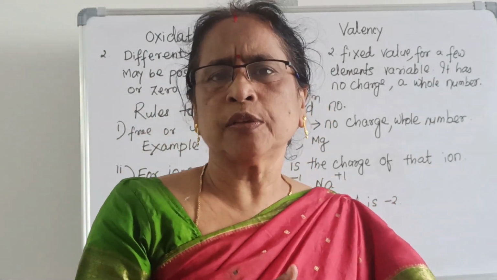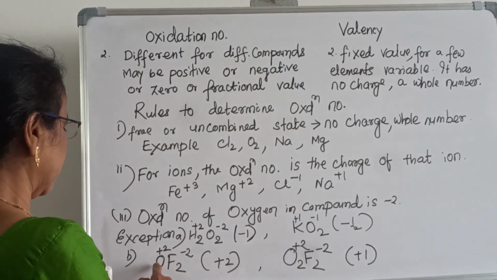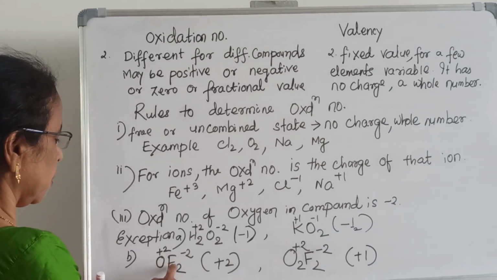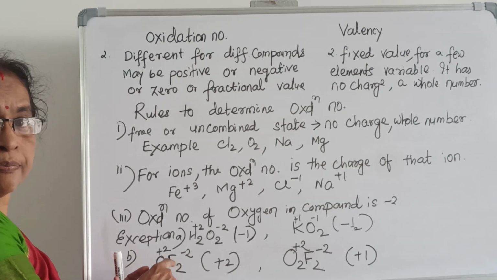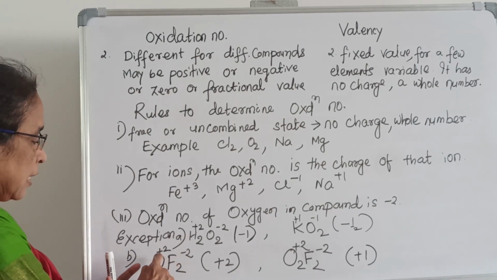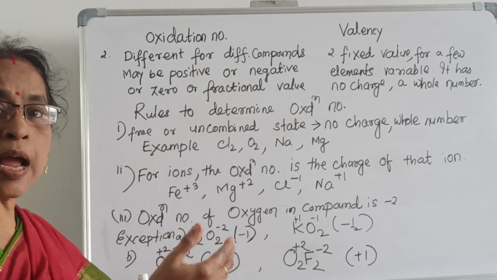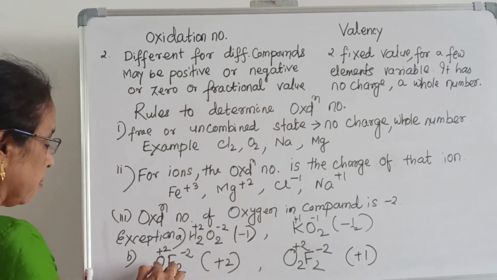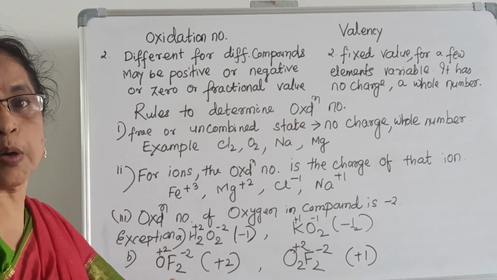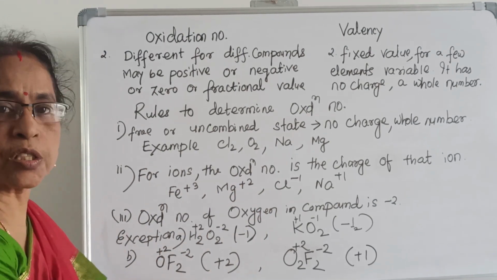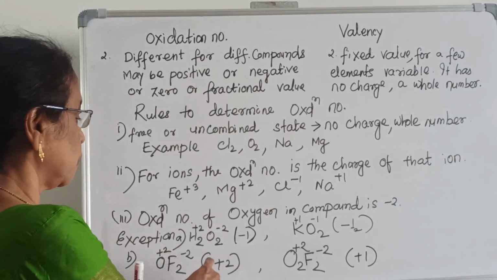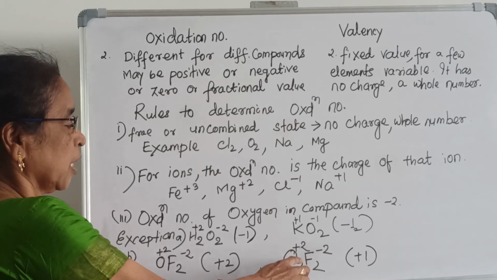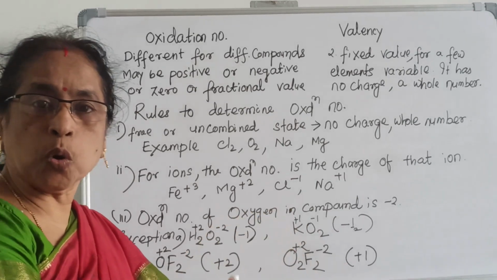We know oxygen fluoride, OF2. Oxygen is +2 and F is -1 into 2, -2. That means here fluorine acts as -1 whereas oxygen acts as +2. Then dioxygen difluoride, O2F2.